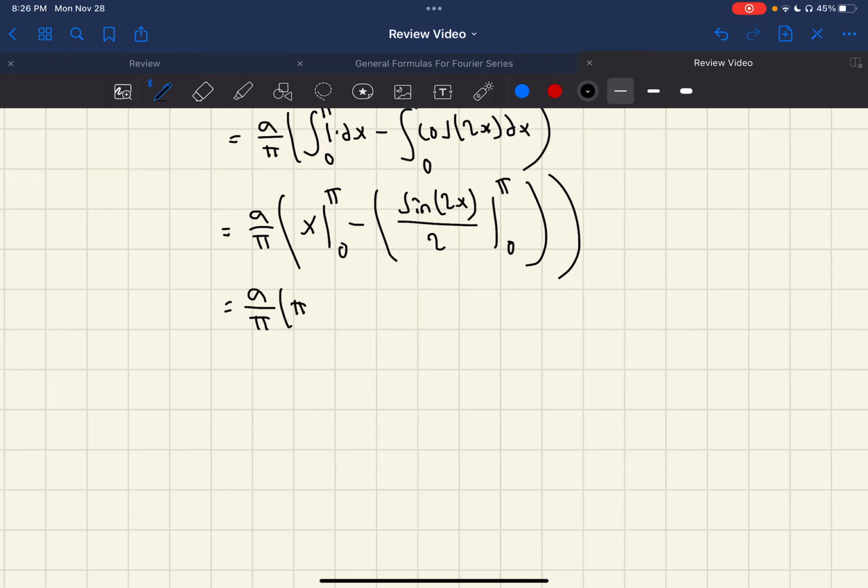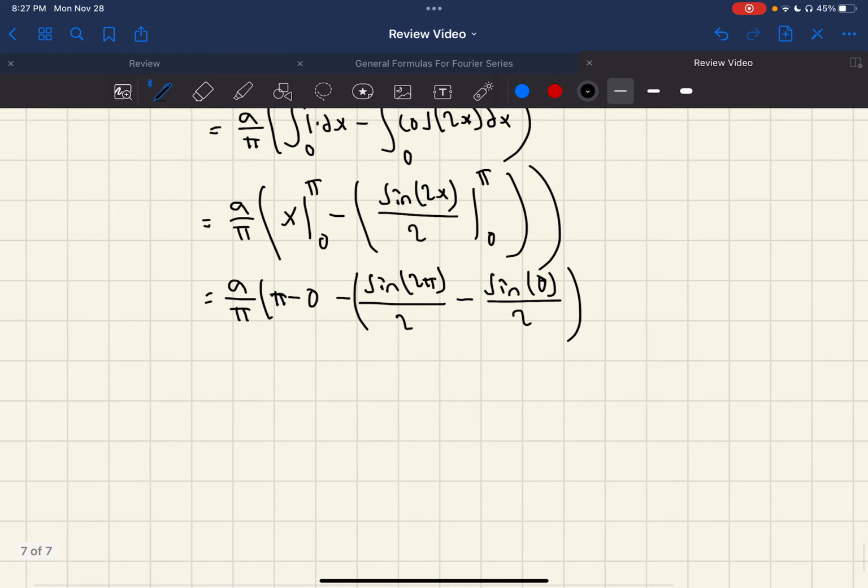So it becomes pi minus 0, that's pi, minus, so we have sine of 2 pi over 2. I'll leave these in here. Sine of 0 over 2. This is 0.